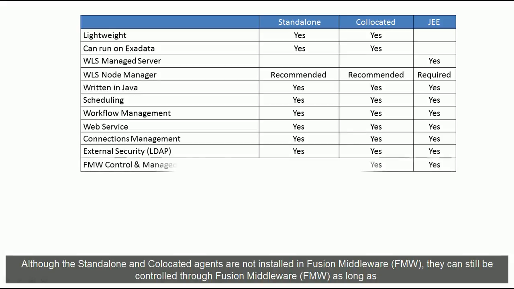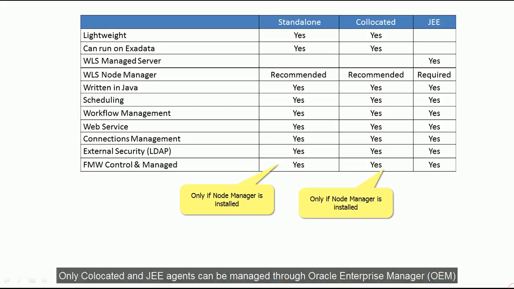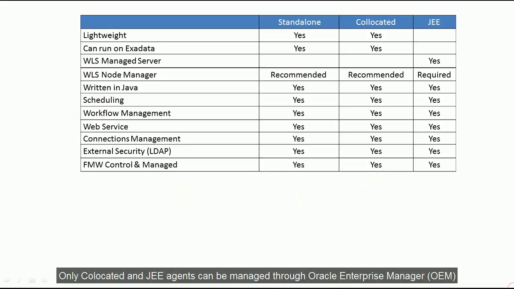Although these standalone and collocated agents are not installed in Fusion middleware, they can still be controlled through Fusion middleware as long as they have Node Manager installed. Only Collocated and JEE Agent can be managed through Oracle Enterprise Manager.